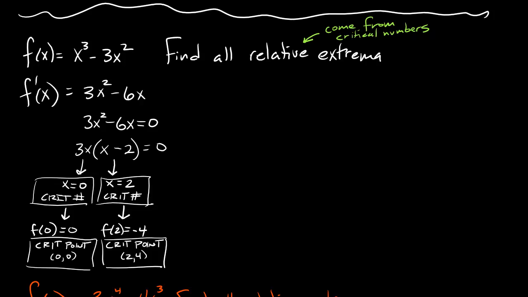So a relative max requires that our graph changes from increasing to decreasing. A relative min requires that our graph changes from decreasing to increasing. So we have to figure out where our graph is going up and down. The easiest way that I've found to do this over the years is to make a number line. Some people don't like number lines, and some people like tables.